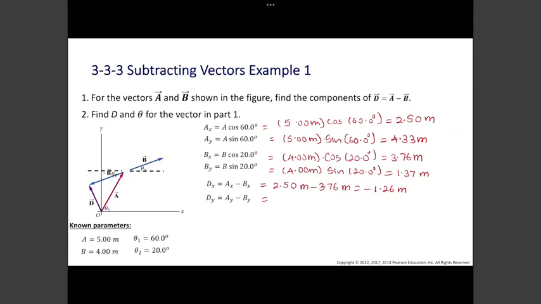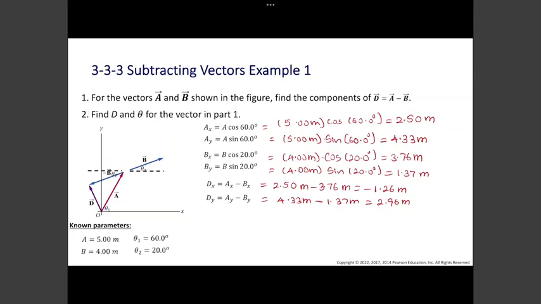So it is 4.33 meters minus 1.37 meters, and it is a positive value, 2.96 meters. If we think about the direction of vector D, it is in the second quadrant. So we know its x component is negative and y component is positive, as we expected.